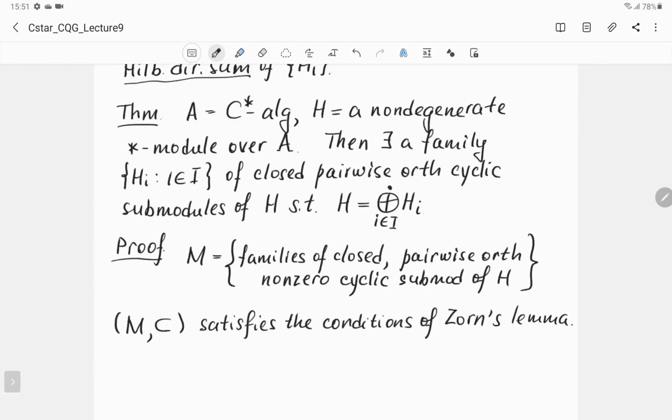This is very easy. If you have a chain in M, that is a linearly ordered subset of such families, then you can just take the union of all families in this chain, and the resulting family will be bigger than any family in this chain.